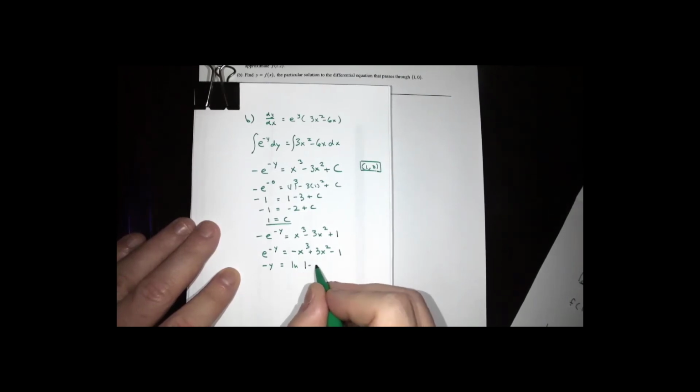Taking a logarithm yields negative y equals ln of negative x cubed plus 3x squared minus 1. And multiplying by the negative 1 yields y, which we'll call f of x, to be negative ln of negative x cubed plus 3x squared minus 1. And that should be our final solution.